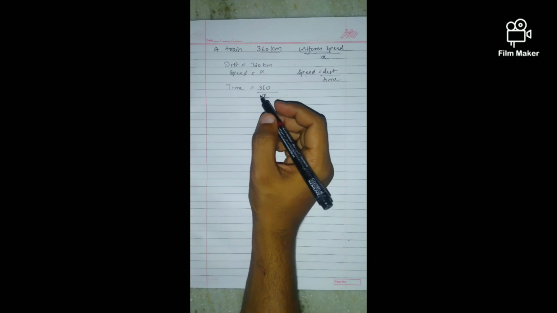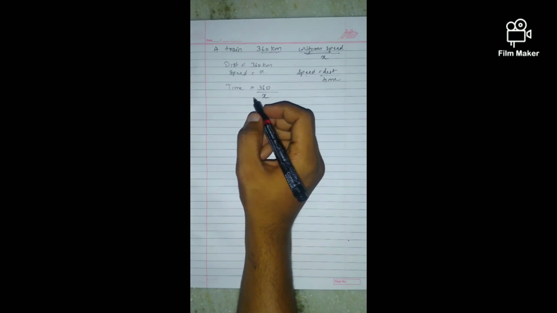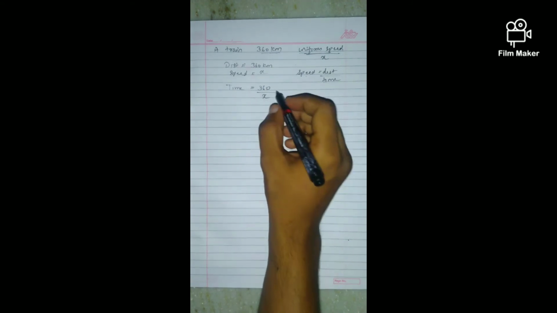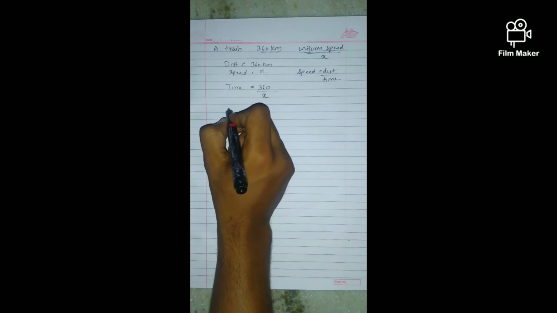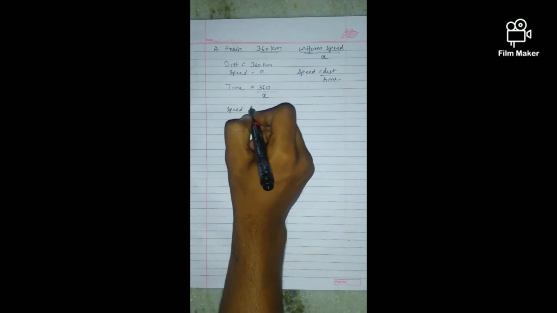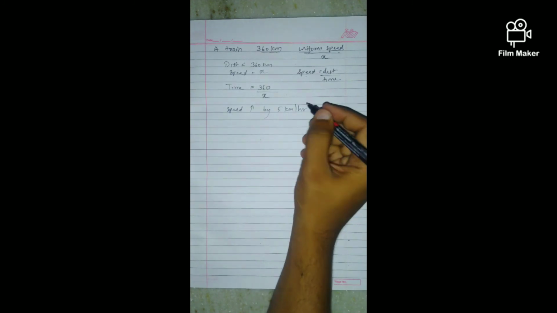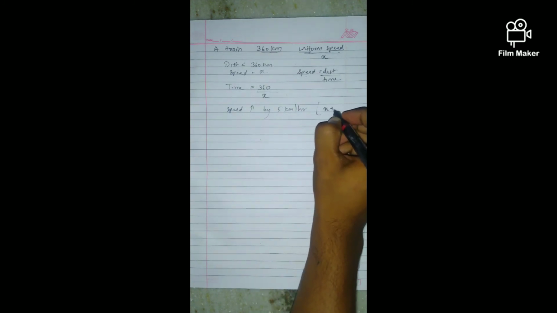Now it says that when the speed is increased by 5 kilometers per hour, the speed will be x plus 5.